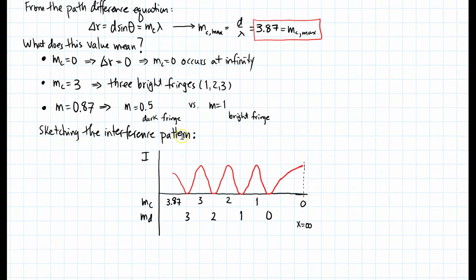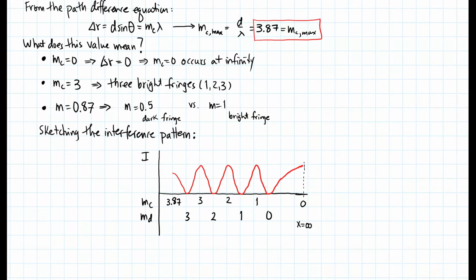Sketching the interference pattern, at m_c equal to 0, we know that's at infinity. Then I got 3 brights, full brights: 1, 2, 3, and then I got m_c equals 3.87, but that's not all the way up. Then if I look at m_d, I could see that that's got to be 0, 1, 2, 3.